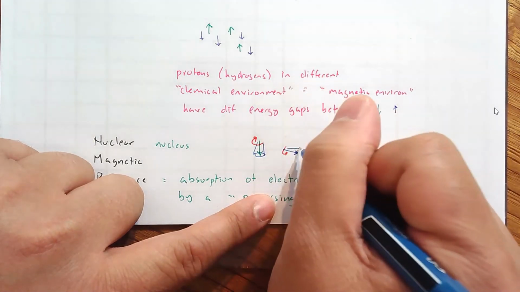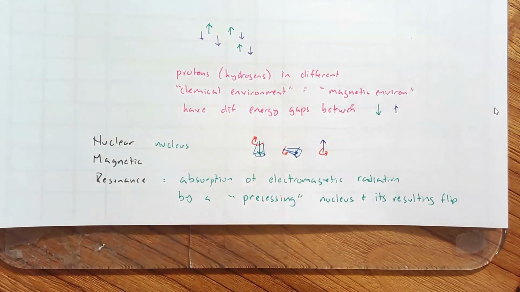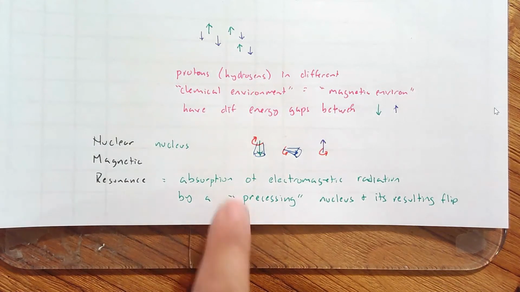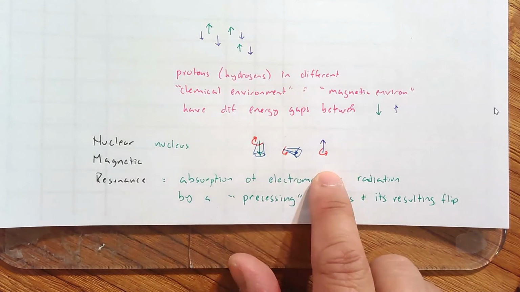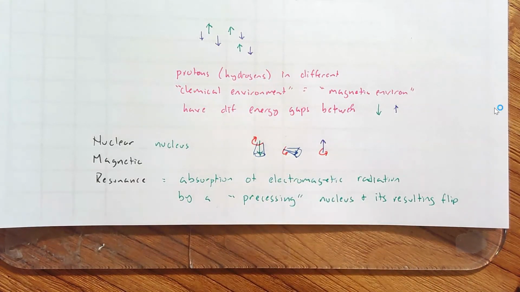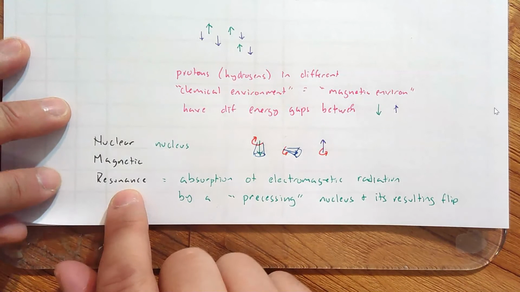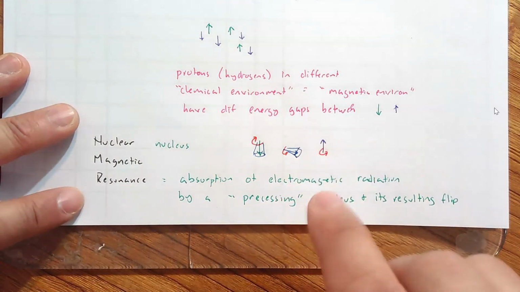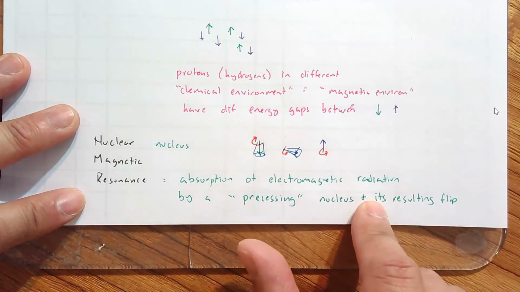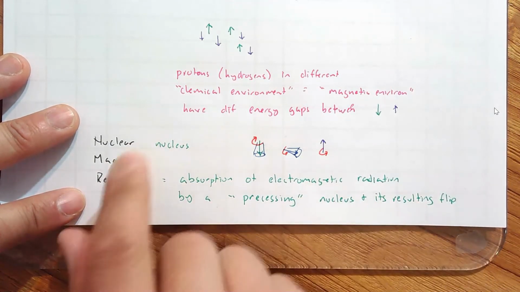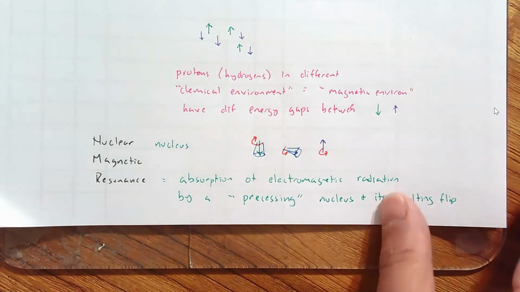It's called precessing. So the cone shape is the precession of this nuclear spin. Don't worry about that. Resonance, you have different resonances because your proton is absorbing at different electromagnetic radiation wavelengths. Nuclear magnetic resonance.